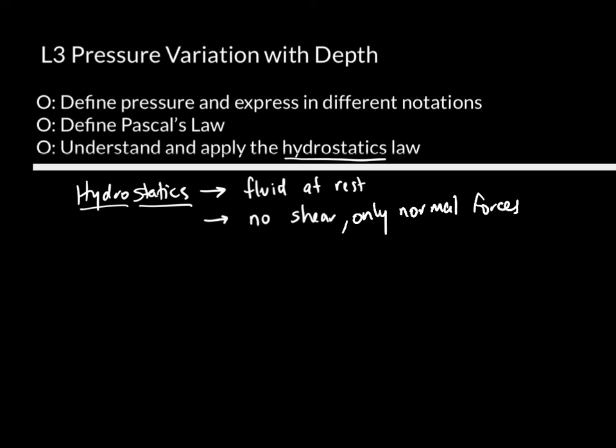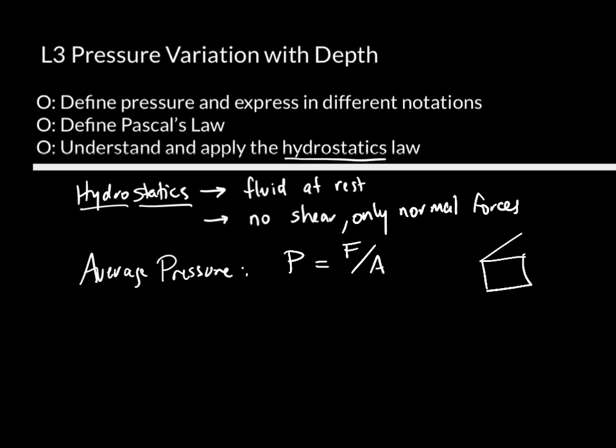Typically, if we want to talk about the average pressure, and this is really the definition for pressure, the average pressure is defined as pressure equals the force divided by the area. So if you have some block and there's a force on it, acting, say, to the left in this case, and this block has an area of A. Obviously the area is not a vector, so it doesn't really have an arrow.